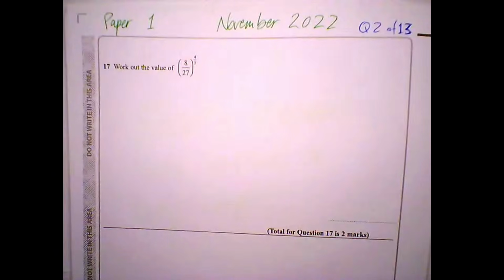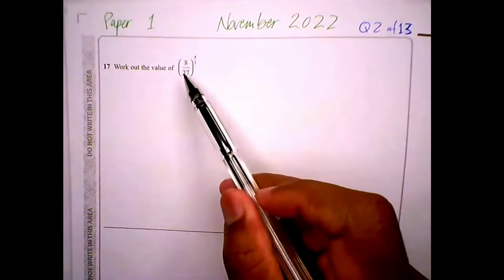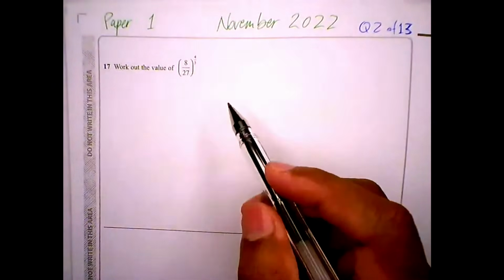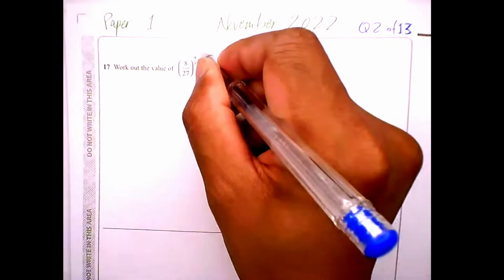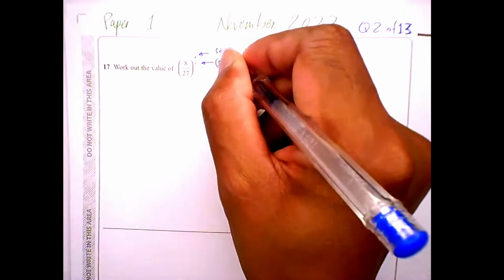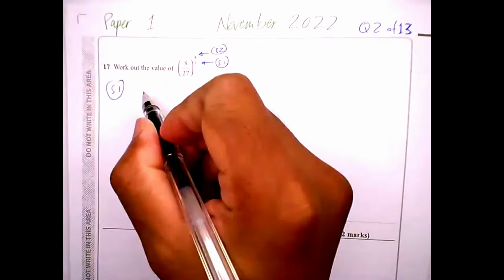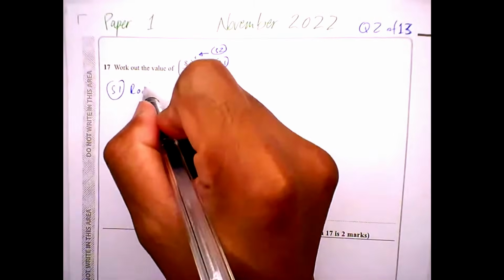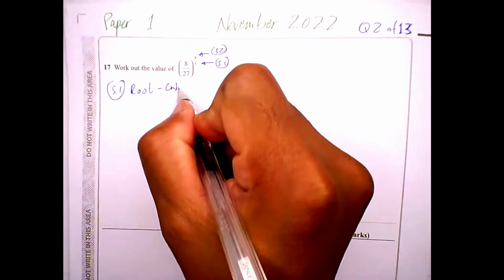Okay, so similar to the last question, the difference is we now have a fraction, but the same steps. Step 1 is our denominator, step 2 is our numerator. Step 1 is the root. In this case, it's our cube root.